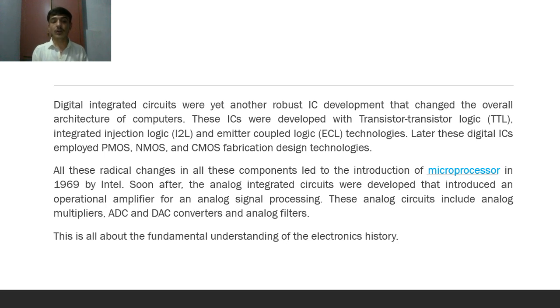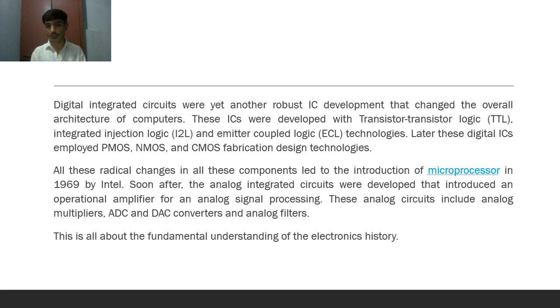All these radical changes in components led to the introduction of the microprocessor in 1969 by Intel. Soon after, linear integrated circuits were developed, and the operational amplifier was introduced for analog signal processing.